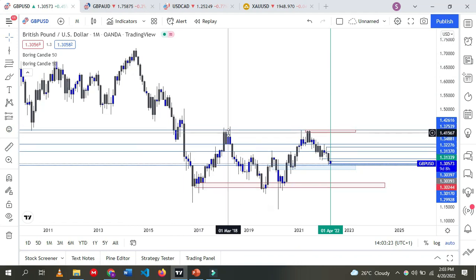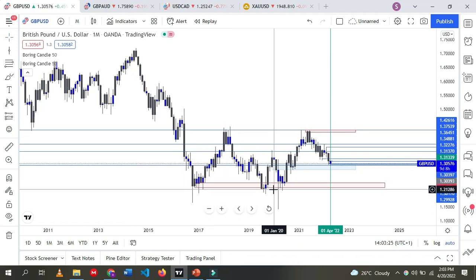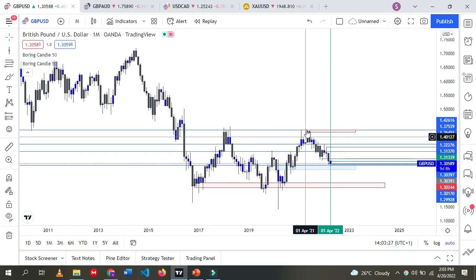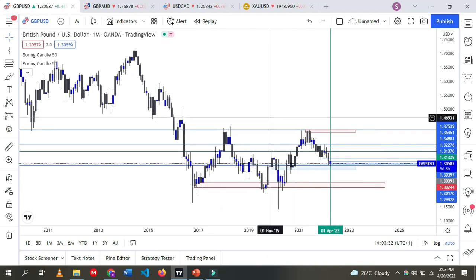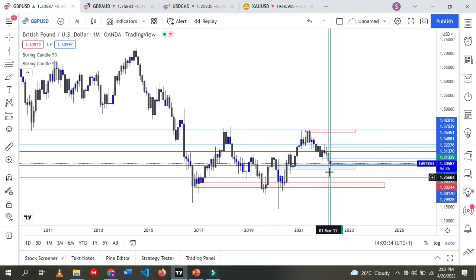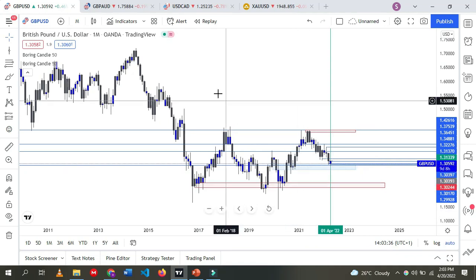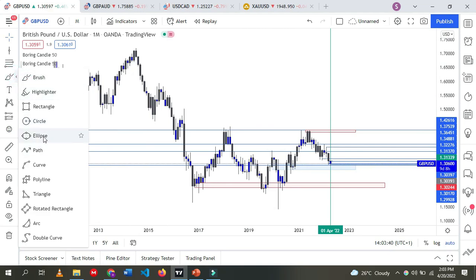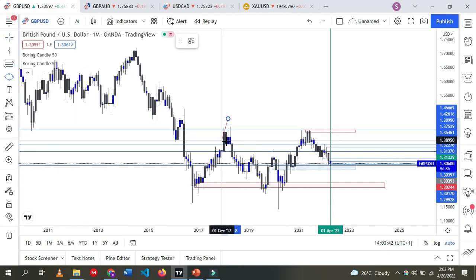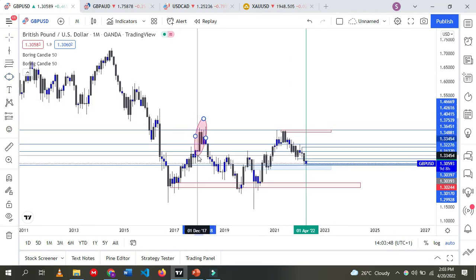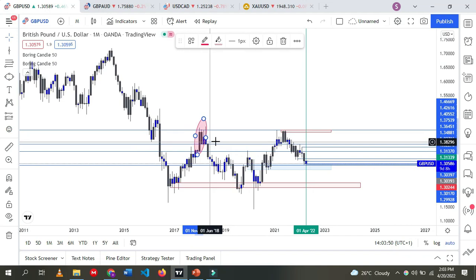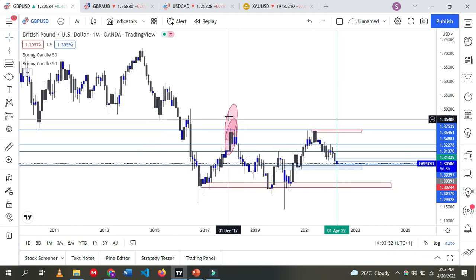You can see price came down to this level, then went back to this level. This level is the same as this level. These are part of the stuff we're talking about in technical analysis. This part has happened before.